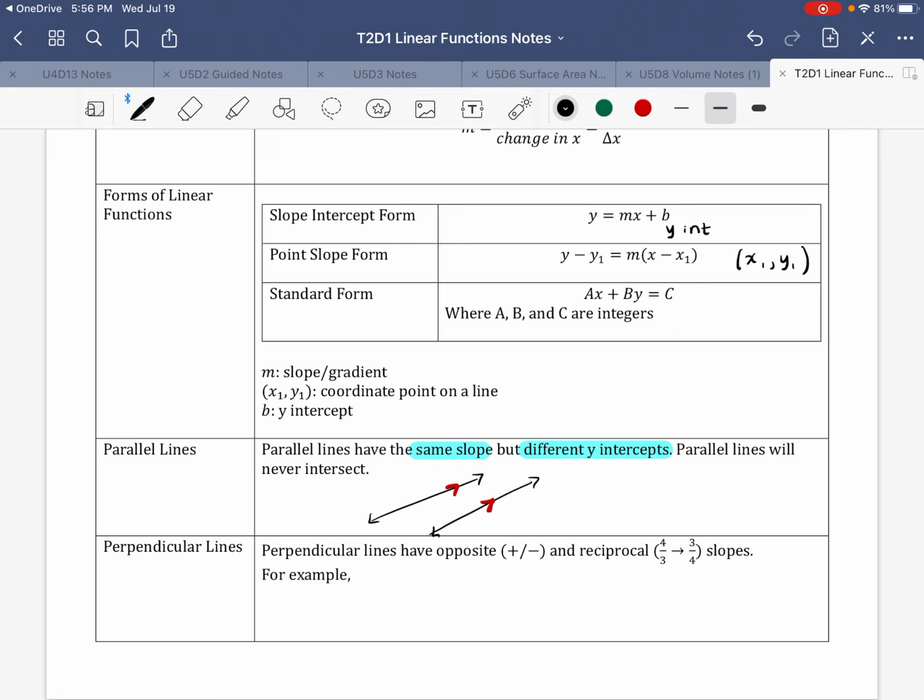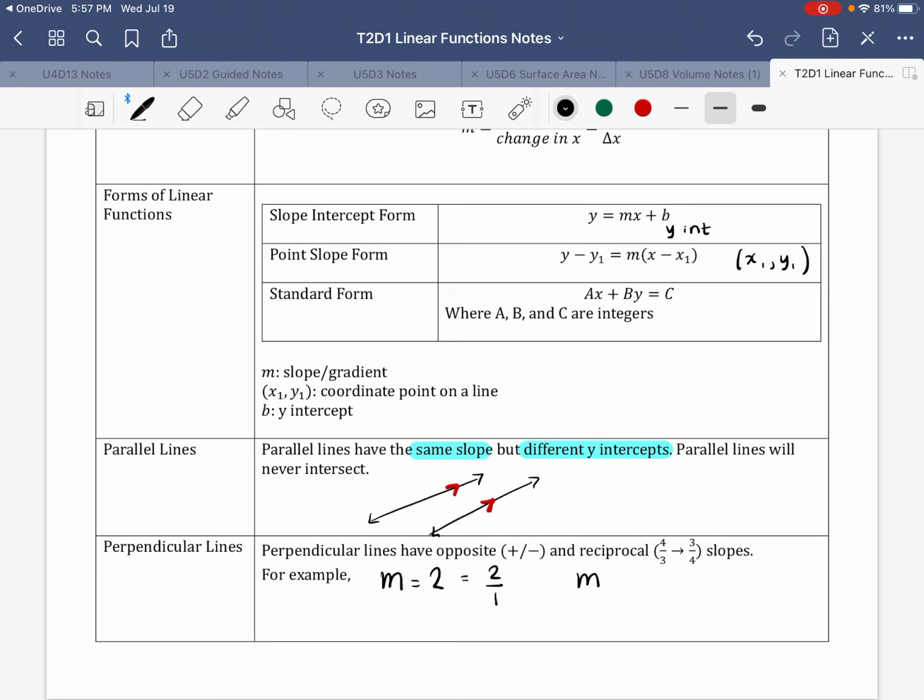Perpendicular lines have opposite and reciprocal slopes. What that means is their signs are opposite and their fractions are flipped. So for example, if we have a slope of 2, you can rewrite the number 2 as a fraction 2 over 1. We know that 2 over 1 is a positive value.